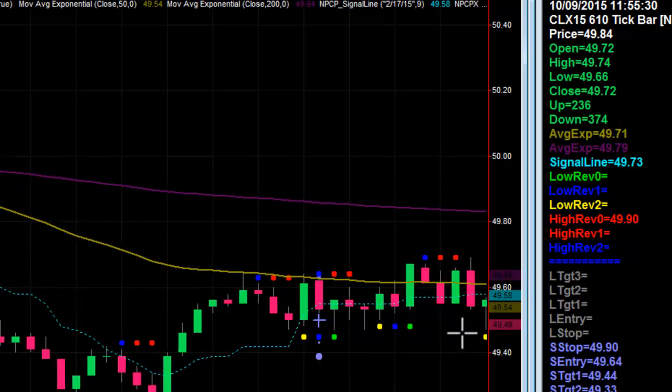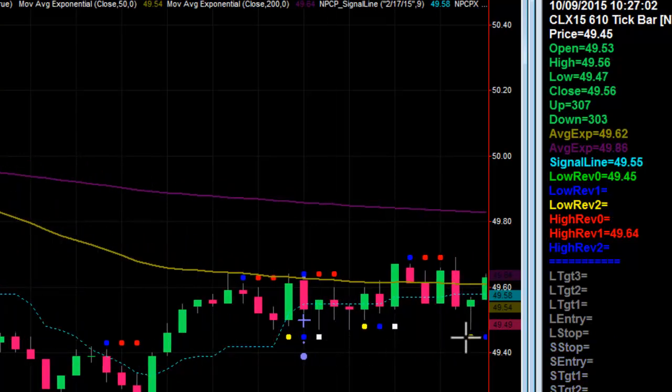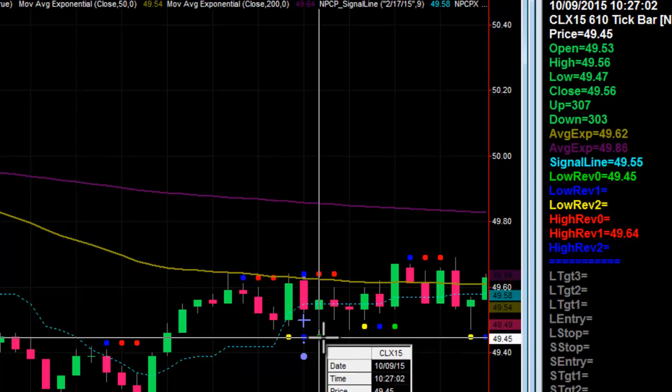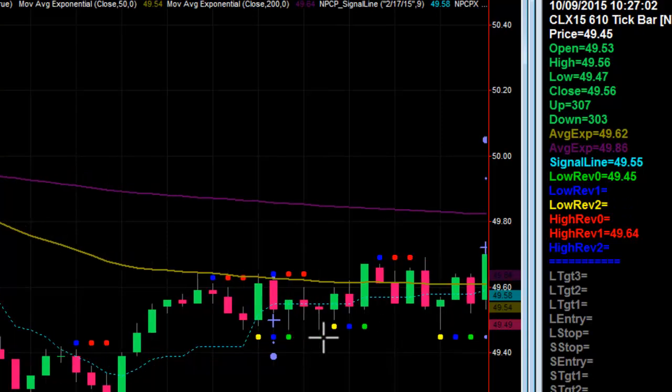And then it comes down and tests this low, and it's even with it. I guess that counts. So it not only has to be lower than the one before, and then higher or even with two back. Right, that's just how the code is written. So a 1, 2, 3 little bottoming formation in this group of trades.